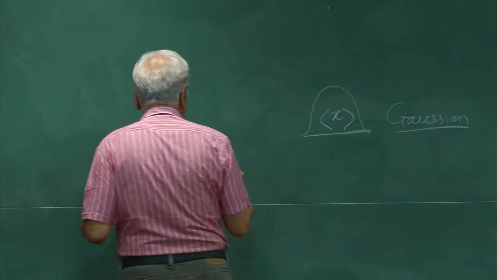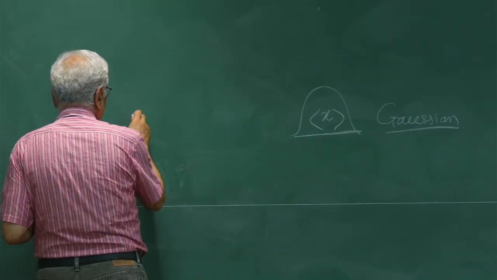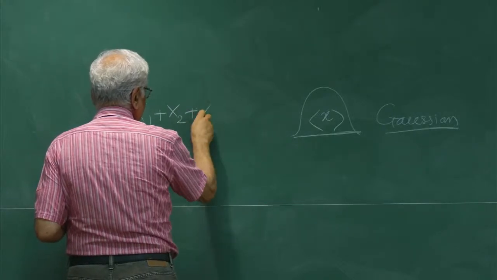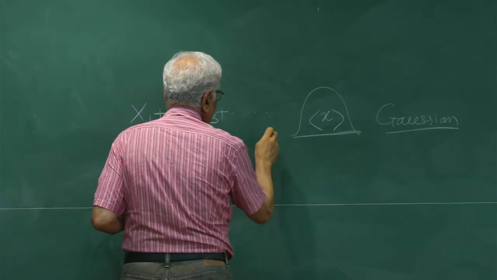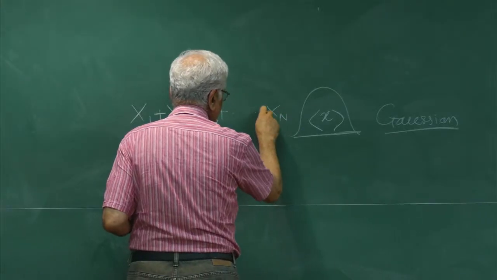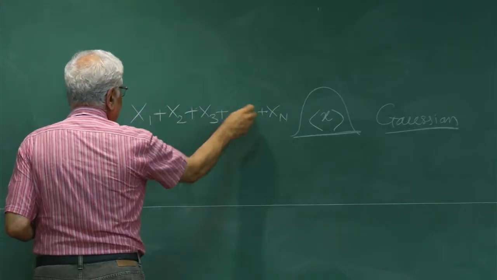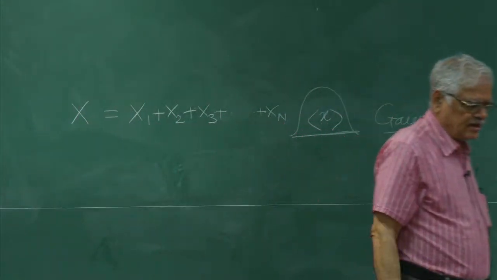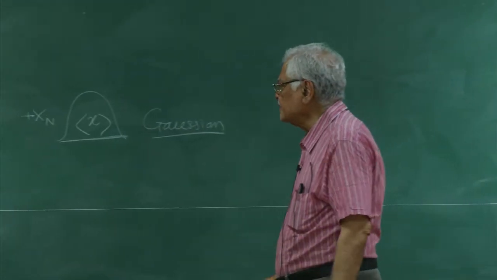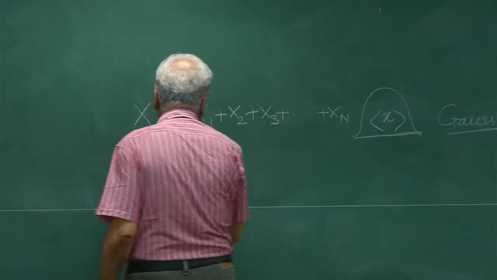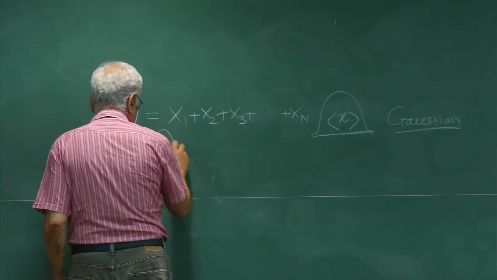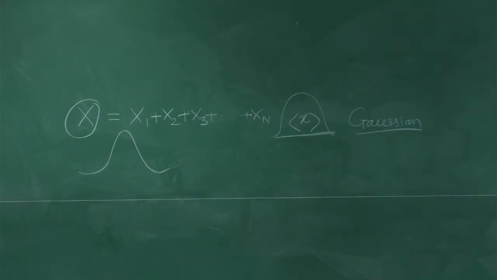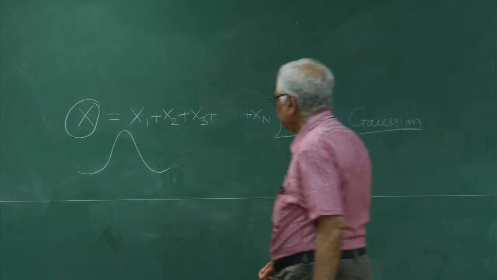So mathematically, it becomes a random variable that is the sum of n terms, where n is very large, and each is identically distributed. There is a central limit theorem that says that when this situation occurs, then x is distributed as a bell shape, the Gaussian distribution.